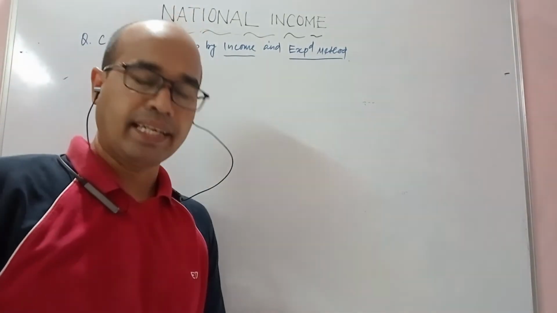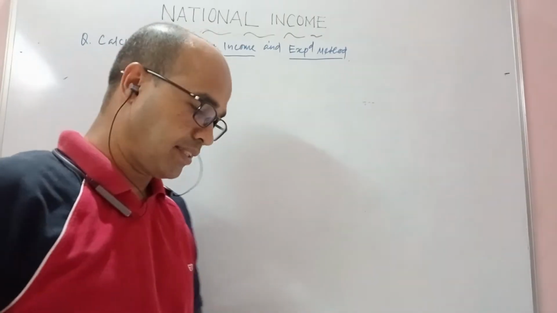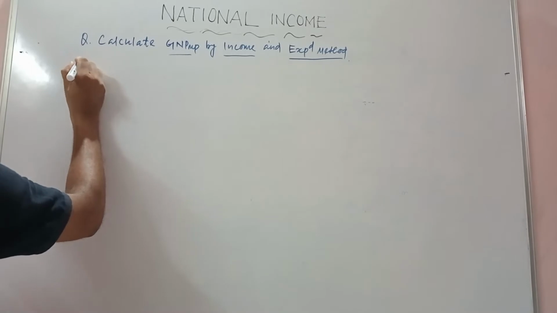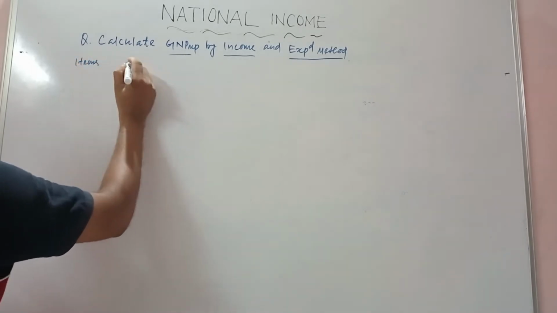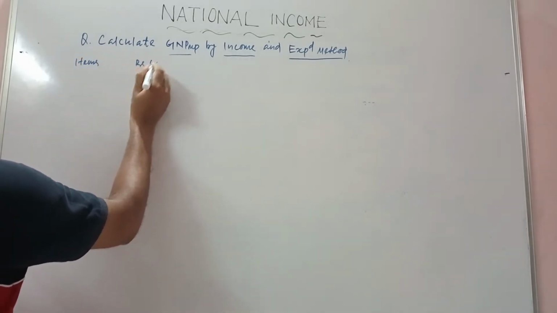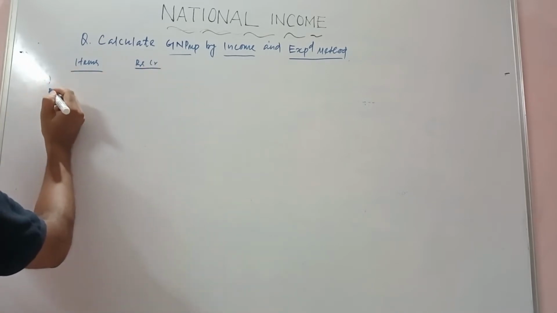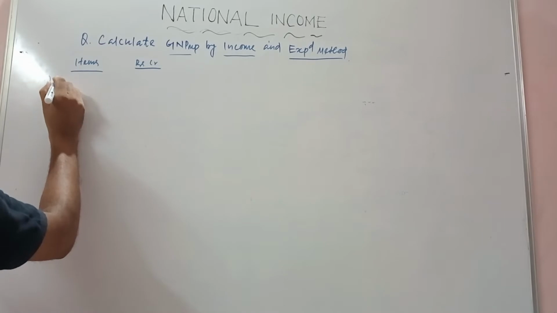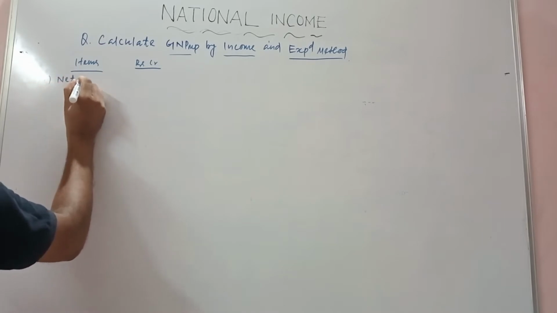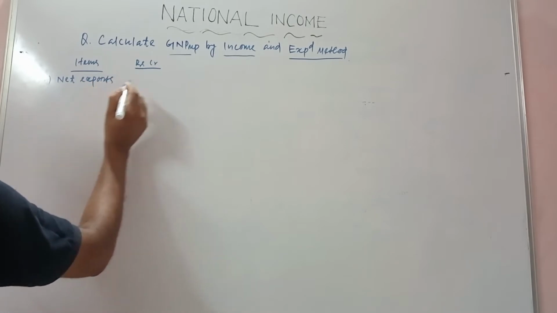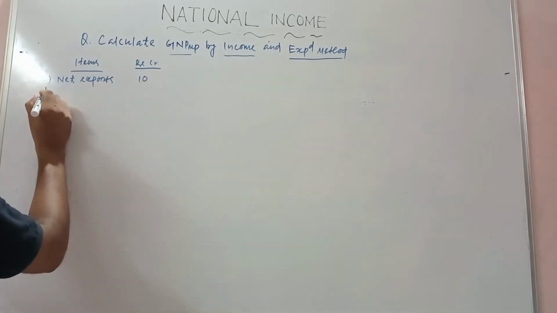Okay, first I will write all the terms, and after that I will calculate. What are the terms? Items, in rupees crore. First, net exports is mentioned as 10.